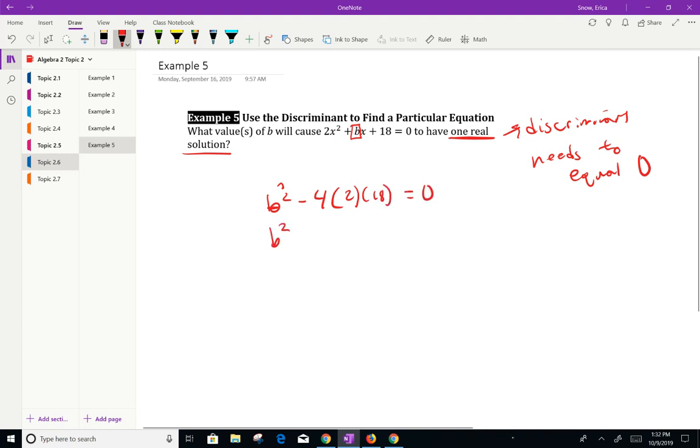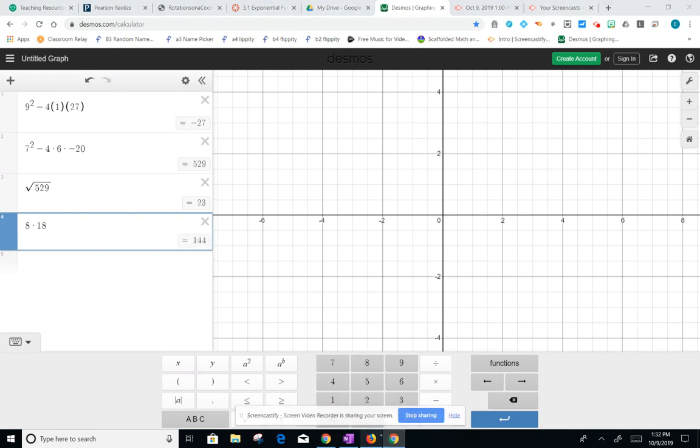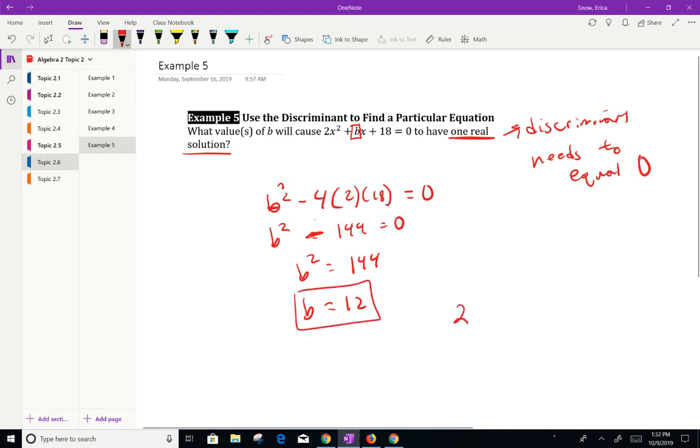So B squared equals 8 times 18. I'm going to come over here to Desmos and do 8 times 18. We get 144. So B squared minus 144 equals 0, B squared equals 144, so B has to be 12. In order for this to have one real solution, B has to be 12.